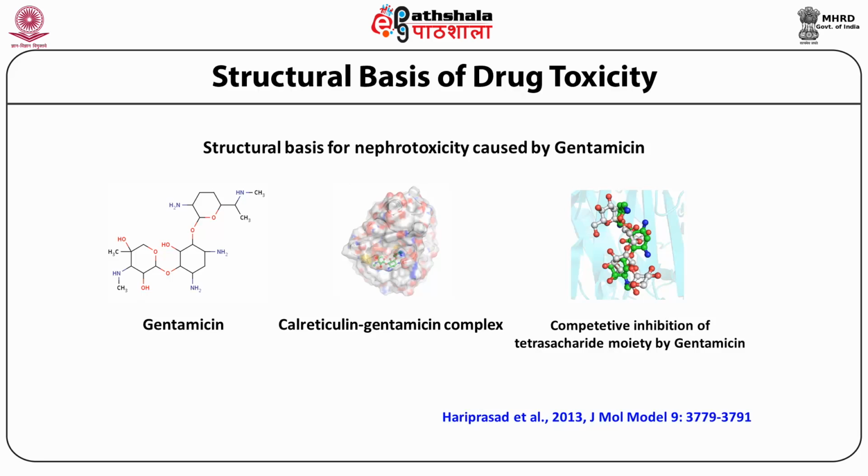Gentamicin, a 3-carbohydrate ring moiety, binds to secondary targets such as calreticulin, thereby competitively inhibiting the binding of unfolded proteins to this particular chaperone protein, thereby causing an accumulation of unfolded proteins and resulting in nephrotoxicity. This is very well illustrated here, and the details are available in the published paper mentioned below.